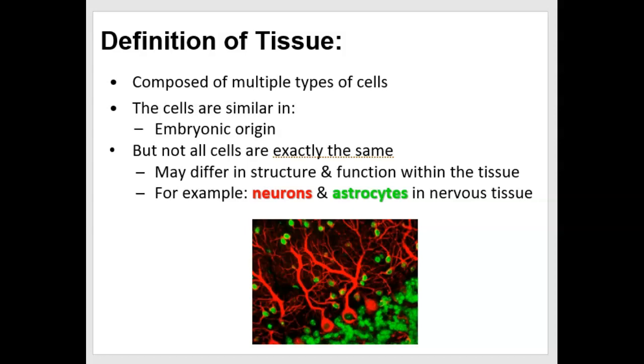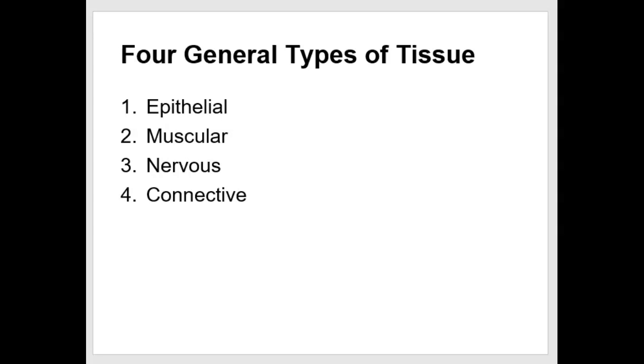So the green is really staining nuclei. The neurons clearly have this unique branching structure that's not present in the astrocytes. And so these two different cell types, although both part of nervous tissue, have different functions, and their structure does reveal or reflect their function, and we'll talk about those later.